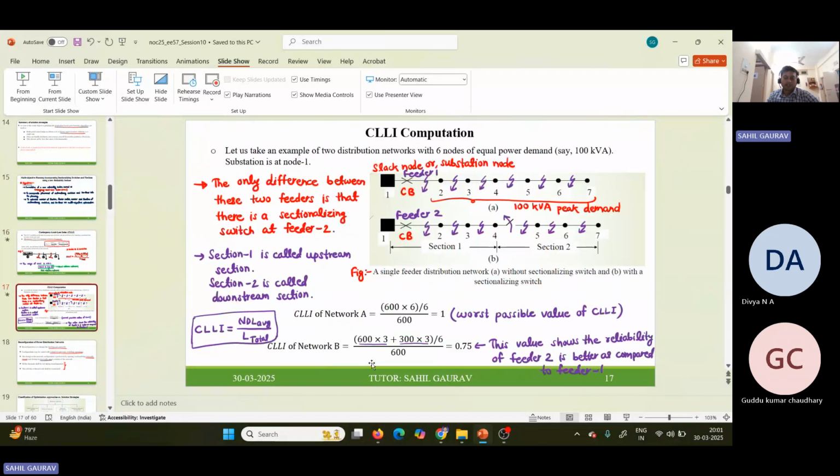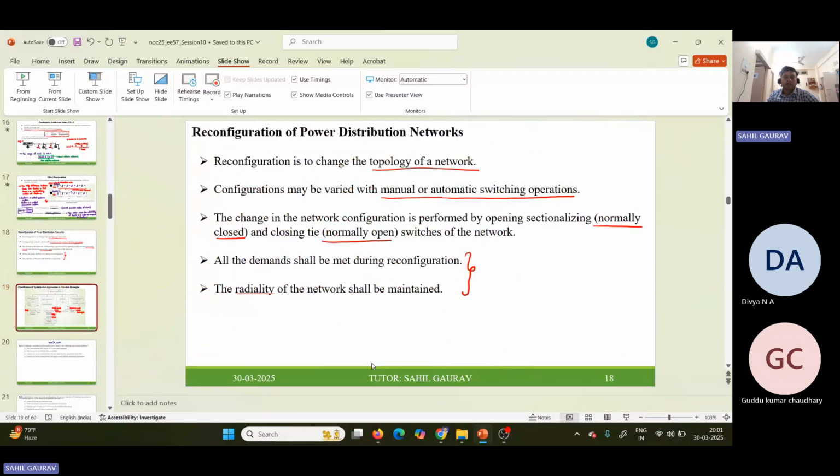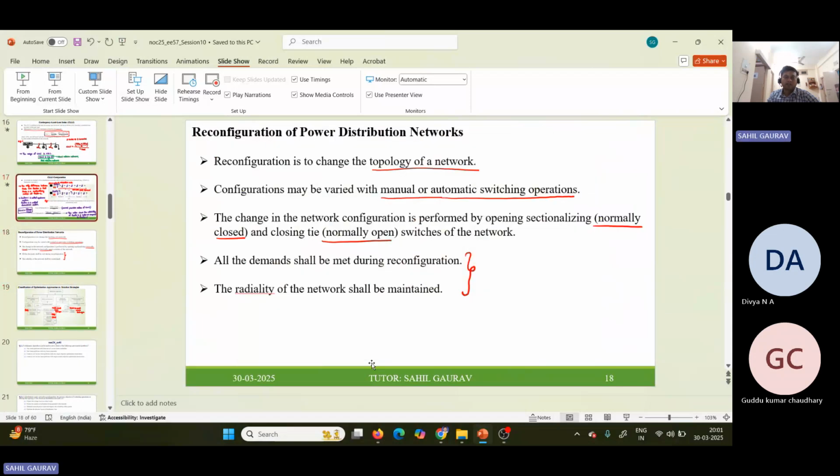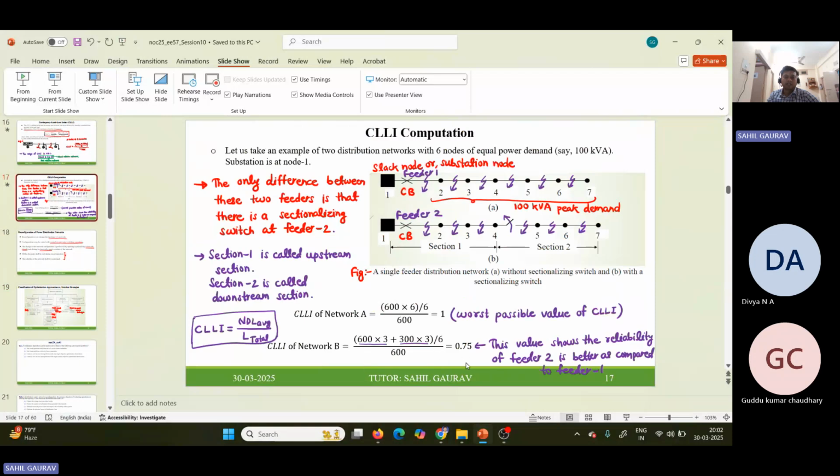One thing is clear: minimizing the CLLI means you are improving the reliability of the network, because we have seen one example where network B is more reliable by putting one sectionalizing switch in the feeder, and that has a lower value than network A.